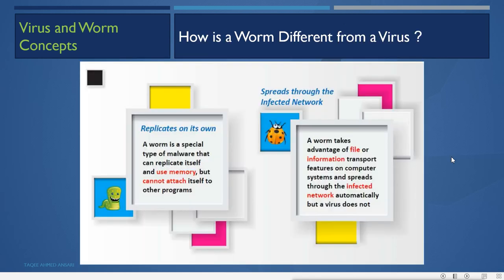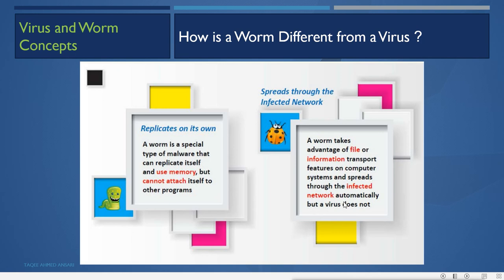Then how is a worm different from a virus? Simple, a worm replicates on its own, and a virus does not replicate. A worm is a special type of malware that can replicate itself and use memory, but cannot attach itself to another program. A worm takes advantage of file or information transport features on a computer system and spreads through the infected network automatically, but a virus does not.